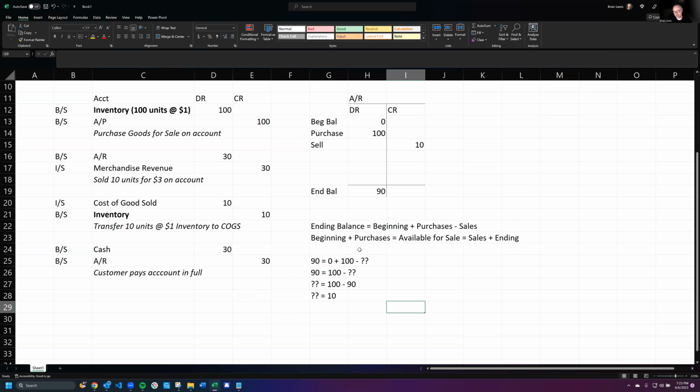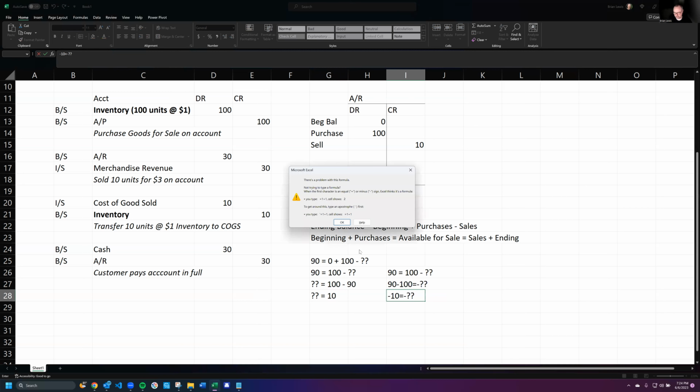Of course, if you weren't as clever, sometimes, as me, let's start with this one again. Some people might just move the 100 over. So now I have 90 minus 100 equals a negative question mark. So then minus 10 equals a minus question mark.